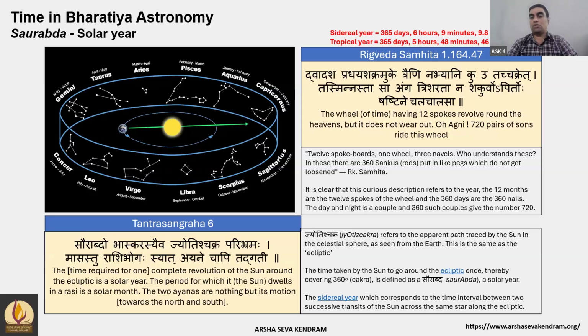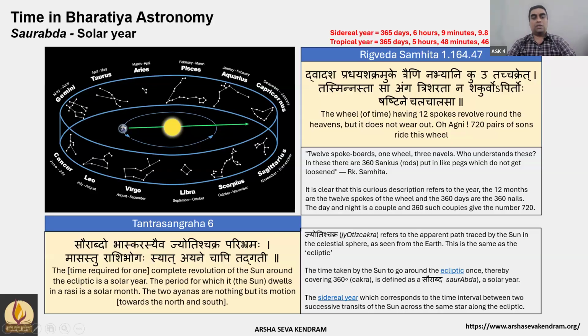So the 12 spoke boats correspond to the 12 months, and the 360 shankus represent the 360 days of the year, and it also talks about 720 pairs of suns, which is basically the day and the night combined with the 360 days to give the 720 number. So there are some references to the Saurabda in the Veda Samhita.